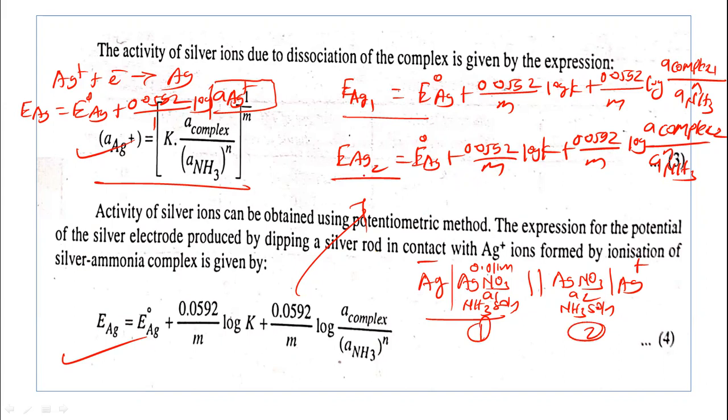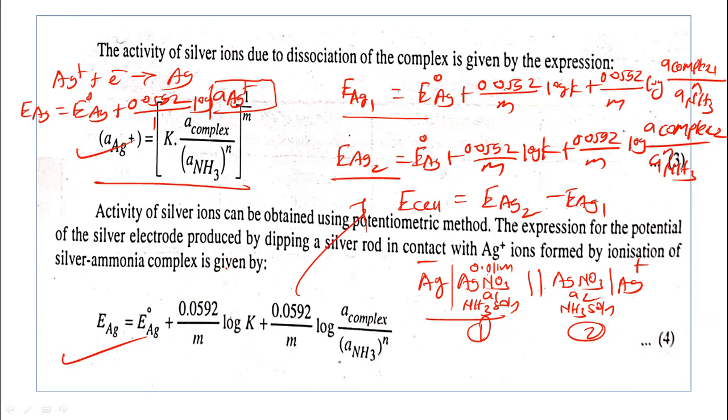Now according to this we can determine the EMF of the cell. The EMF of the cell is equal to the electrode potential of the silver electrode on the right hand side minus the electrode potential of the silver electrode on the left hand side.